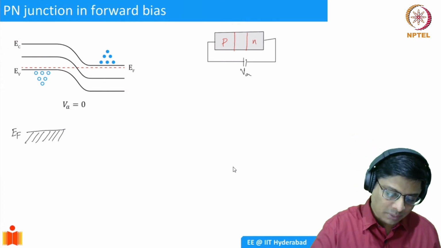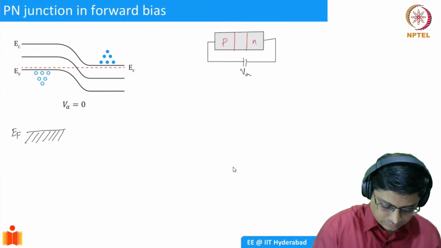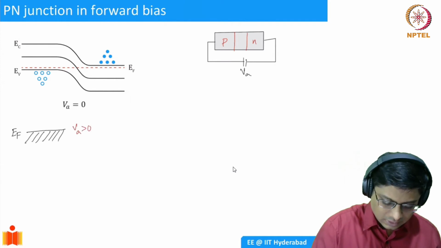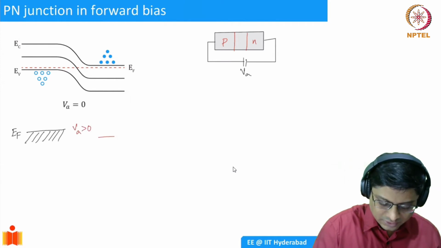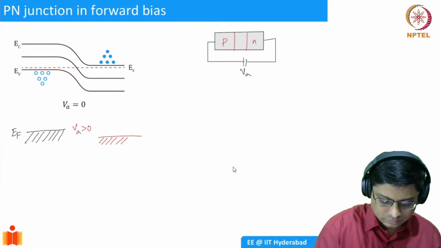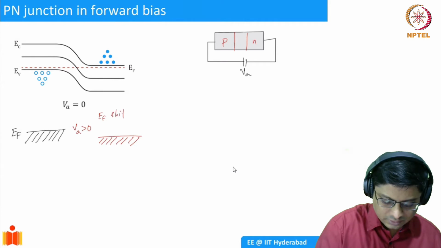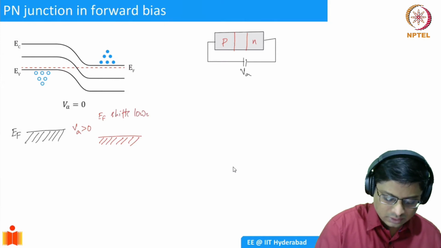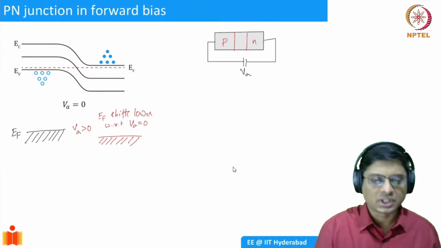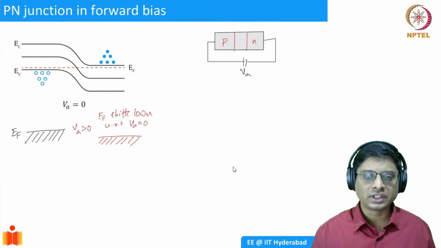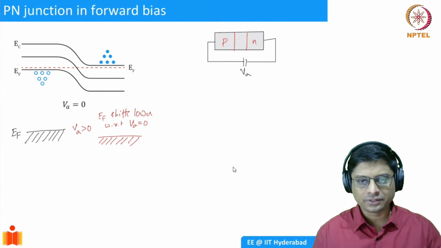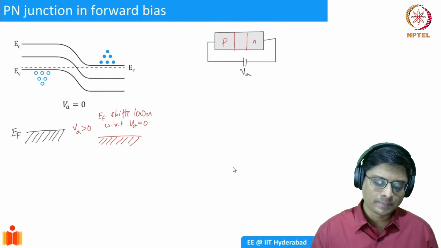So when you apply a positive voltage to a semiconductor, the Fermi level shifts lower. So basically, EF shifts lower with respect to VA equal to 0. When you compare no applied voltage and applied voltage, the EF in the semiconductor would be lower.